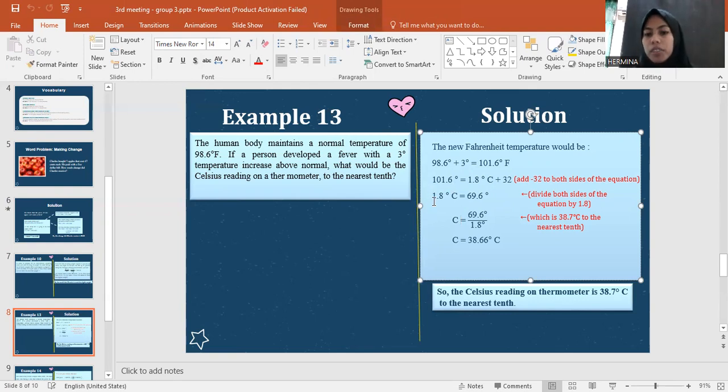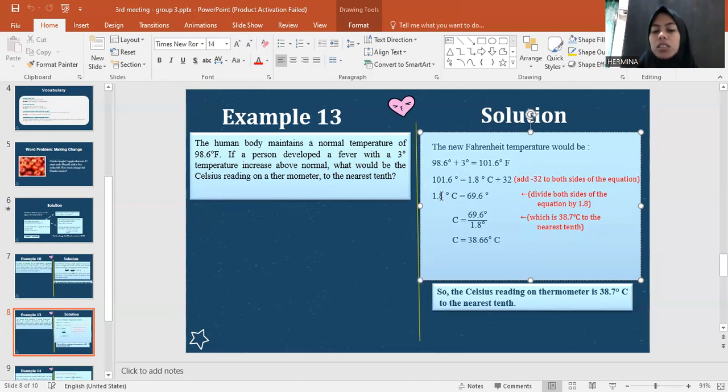Then divide both sides of the equation by 1.8. So 1.8 degrees Celsius over 1.8 is equal to 69.6 divided by 1.8.